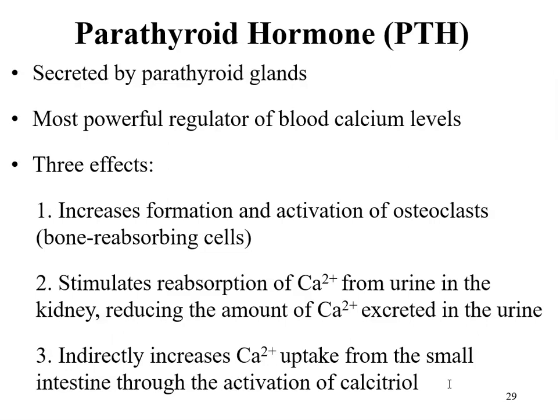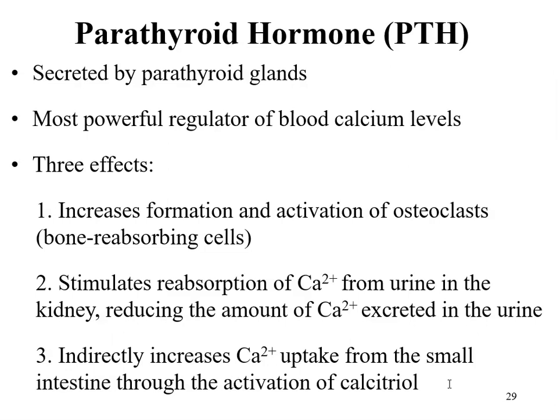First, it will increase the formation and the activation of osteoclasts. So as we have more osteoclasts working harder, that will break down more bone tissue, releasing that calcium into the blood. PTH also stimulates the kidney to reabsorb more calcium ions as urine is created, which means that we lose less with the urine.